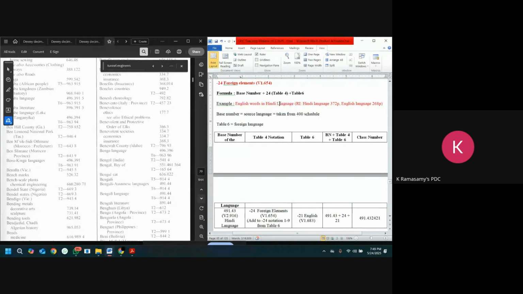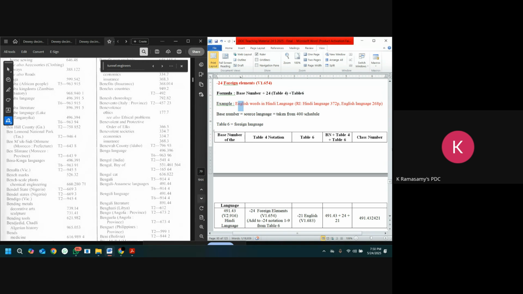So the Hindi language number should be taken from the schedule 400. And this English language number should be taken from table 6. Table 6 is a table which has got all the languages. Almost all the languages are listed in table 6. If you do not have a language number from 400, you can take the language number from table 6.